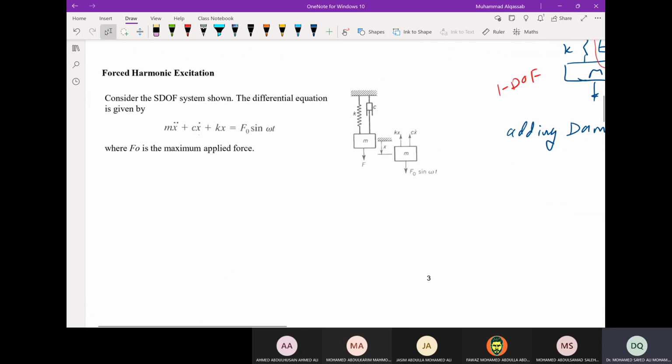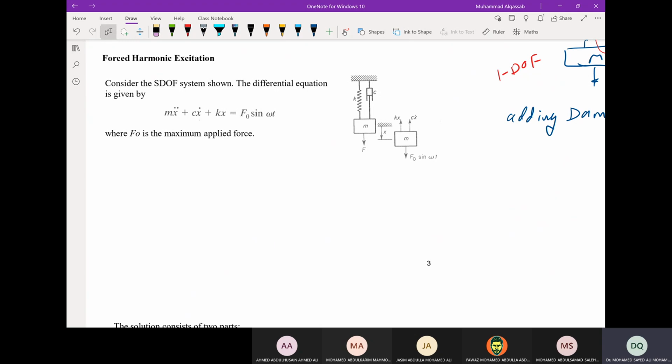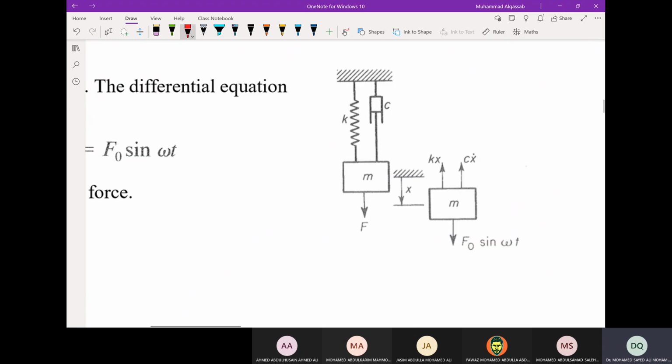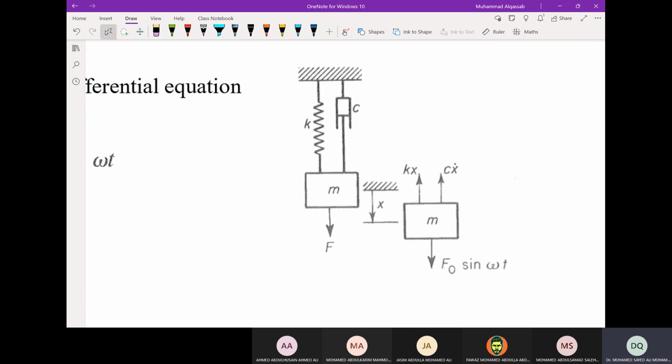Okay, so let's see the equation of motion and how to solve it if we have forced vibration, harmonic excitation with force. The system will be a spring mass system. This is the model with the spring K, damper C, and mass M, and this is F, the source of the excitation.